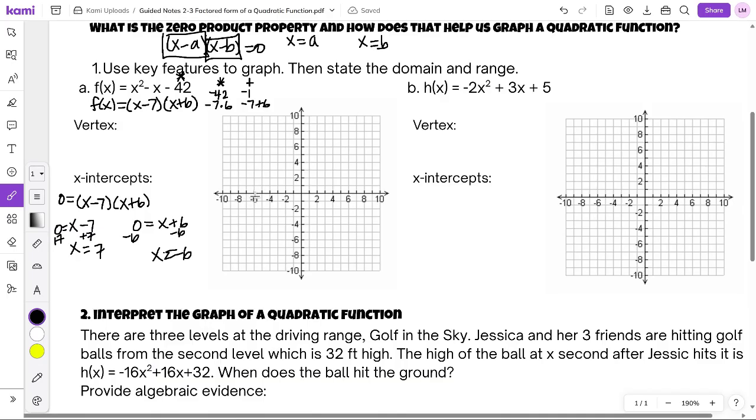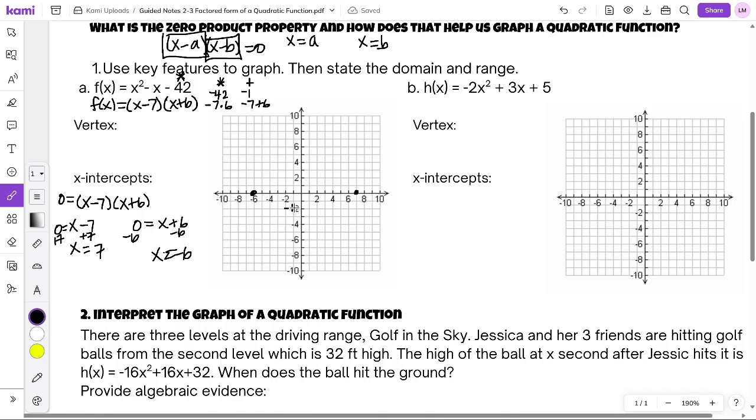So I'm at negative 6 with a dot, and I'm at positive 7 with a dot. All right, I also know that I have a y-intercept at negative 42. All right, so I'm going to change what I'm counting by on my graph. And let's see, we probably need this to go to 50, don't we? So let's change these.